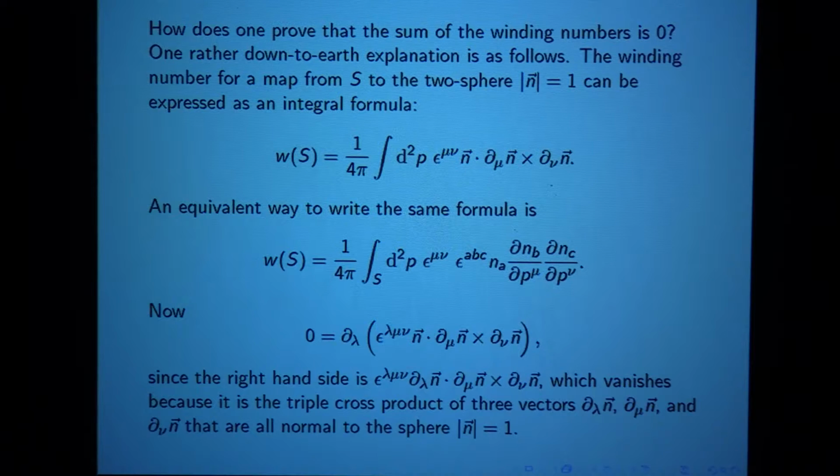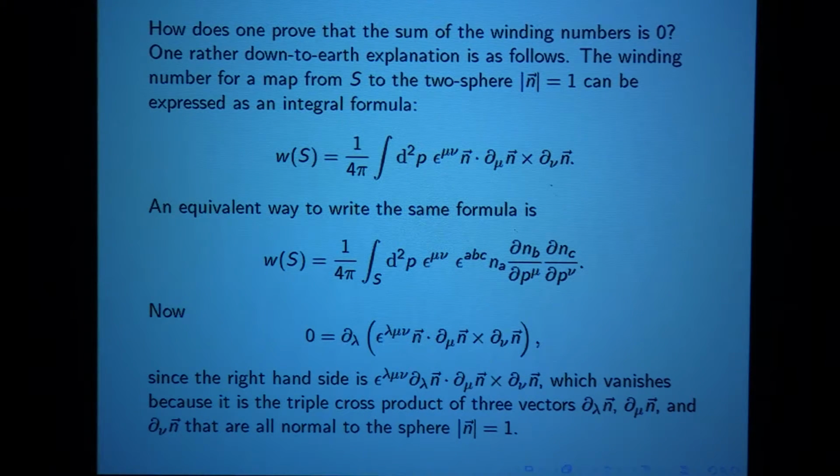Now, there's a very useful fact. If we take the integrand here and differentiate it with respect to p, we actually get 0. You see, if I take d lambda to act on one of these n's, I'd get 0 because I'd have a second derivative, which is being anti-symmetrized because of the epsilon symbol.